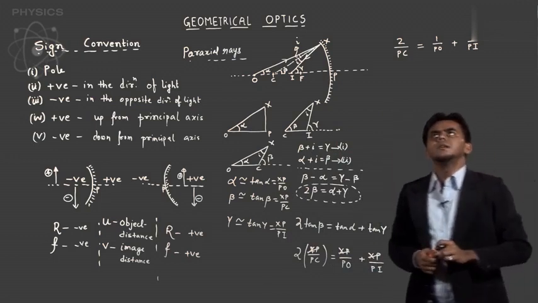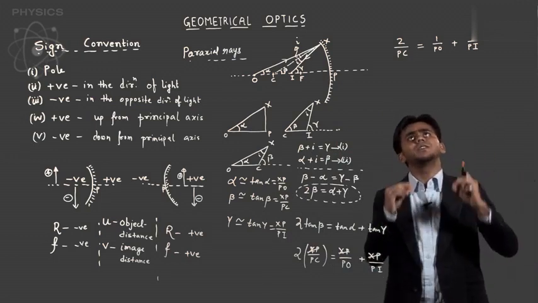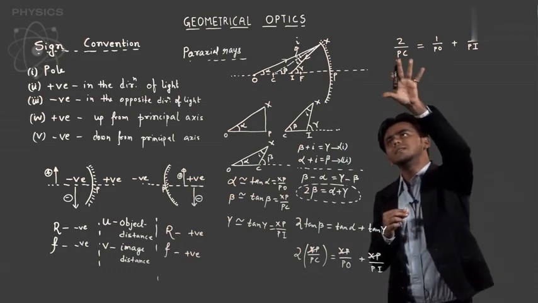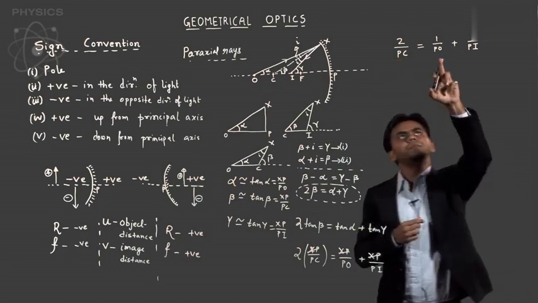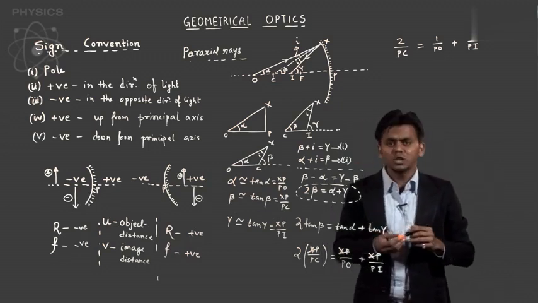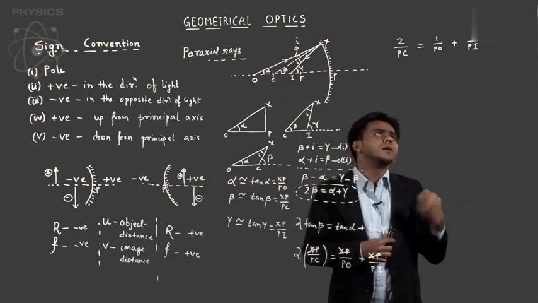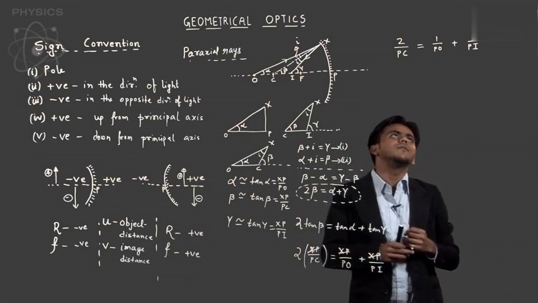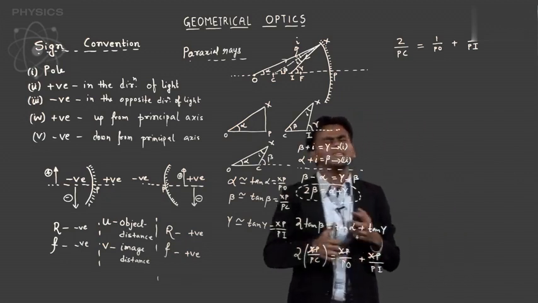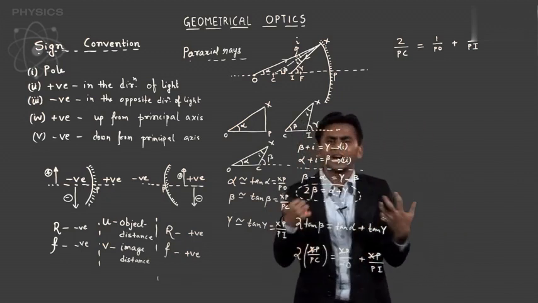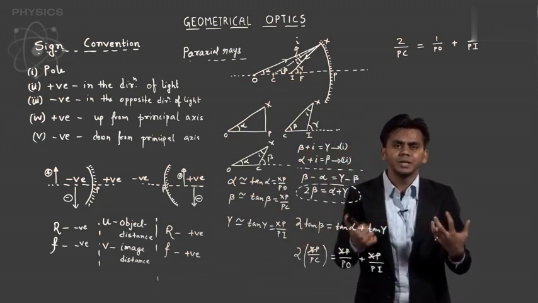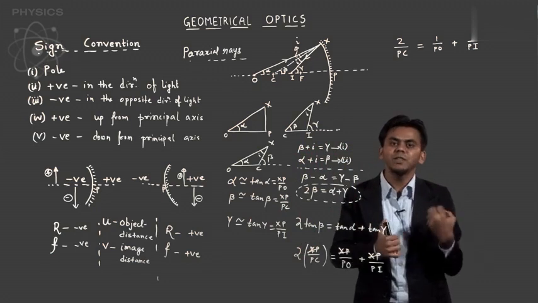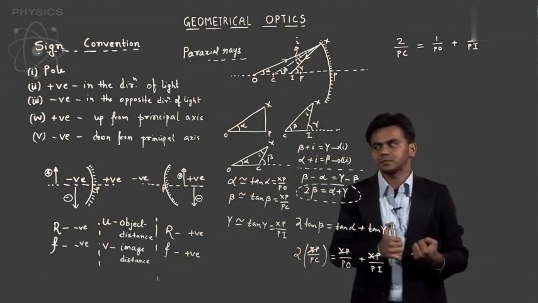Why? Because now I have the relation between PC, which is denoting the radius of curvature magnitude, PO denoting the separation of object from pole, PI denoting the separation of image from pole. But these are separation or magnitude values. Now, I don't have the liberty or freedom of having the magnitude values always with me.